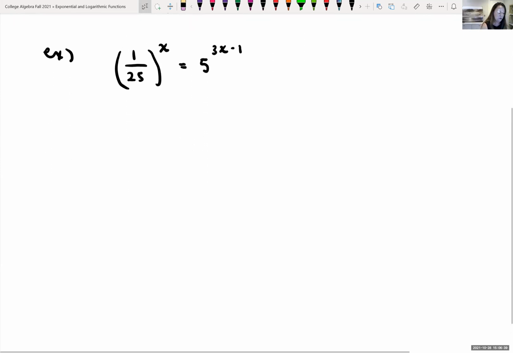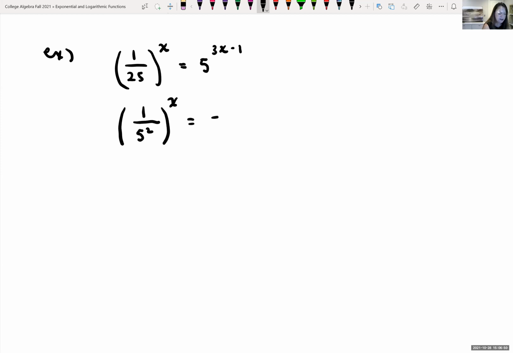And so we could use our rules of exponents. So we have 1 over 5 squared raised to the x power equals 5 raised to the 3x minus 1 power. We can bring that 5 squared up into the numerator by changing the sign of the exponent. So this is the same thing as 5 raised to the negative 2 power raised to the x equals 5 raised to the 3x minus 1 power.